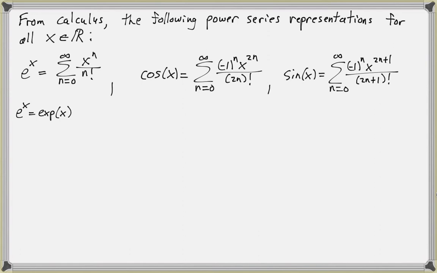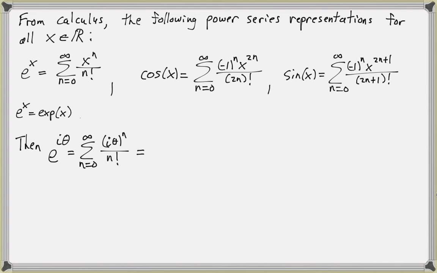So using these three power series representations, we're going to substitute in i theta for x in the power series for e to the x. So then we see that e to the i theta is going to be equal to this power series from n equals 0 to infinity of i theta to the power n over n factorial.